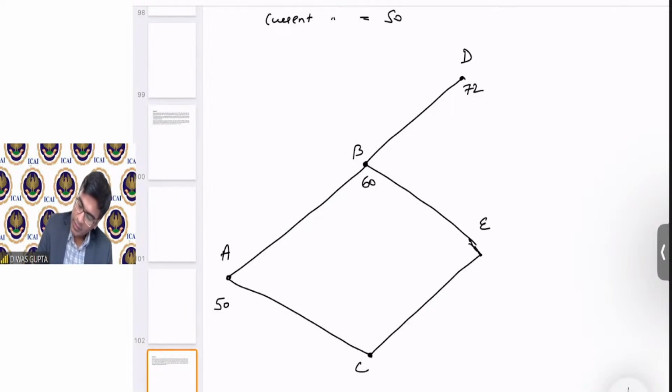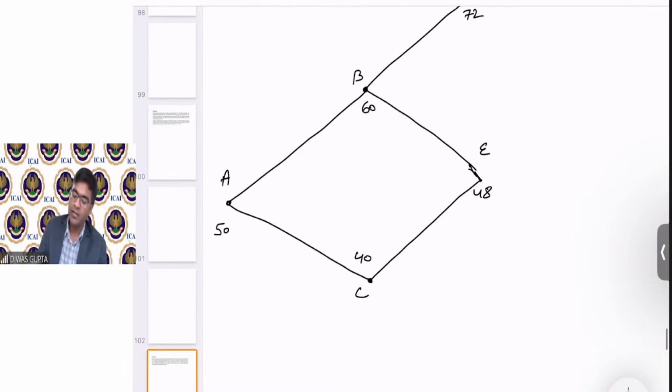So this is E. Here it was a 40 rupees price. Here it is 48. So 60 minus 20% will be 48. 40 plus 20% of 40 will also be 48, which is 40 plus 8. And lastly, we have F, which is 40 minus 8, will be 32.